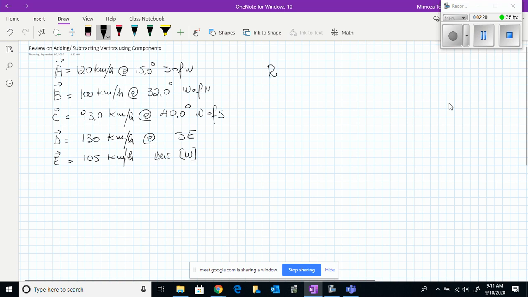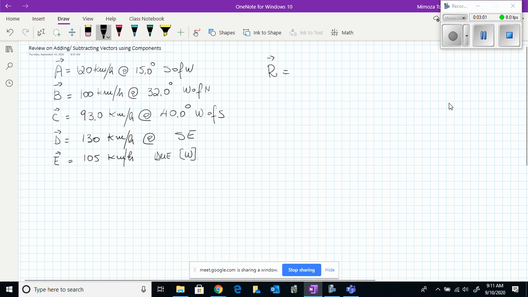But before we do that, we will have to find the resultant. And when you see the expression find the resultant, that means that you are finding an equivalent vector to the vectors that you are working with. Understand? So if the resultant vector is A plus B minus C minus D, then you are finding an equivalent vector to A that is added to B, that D is subtracted from, and C is subtracted from.